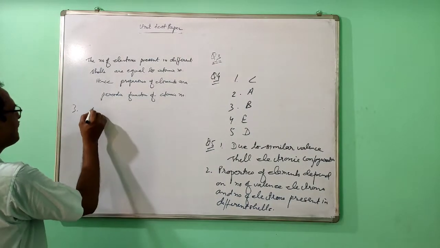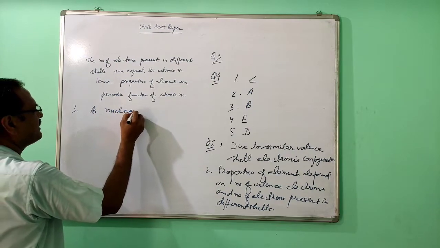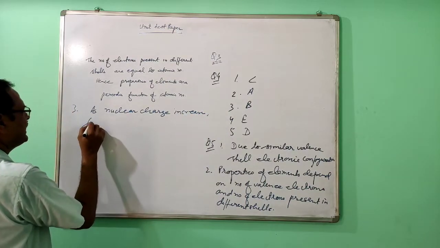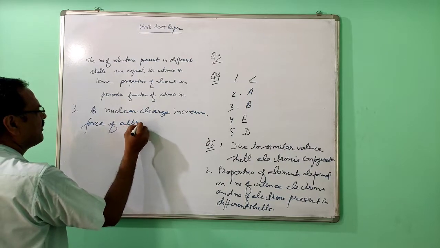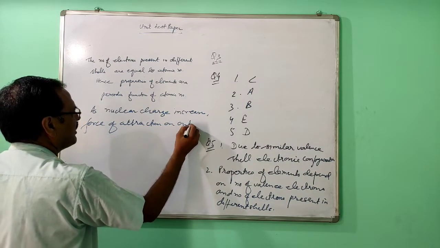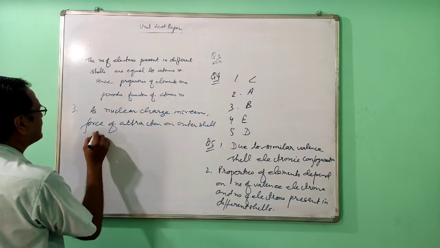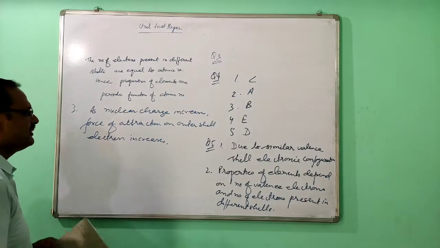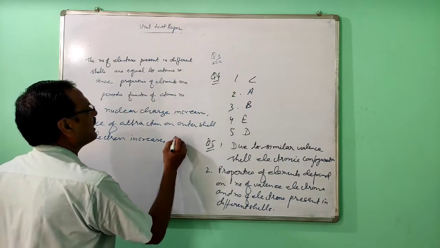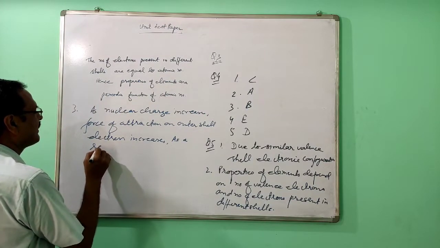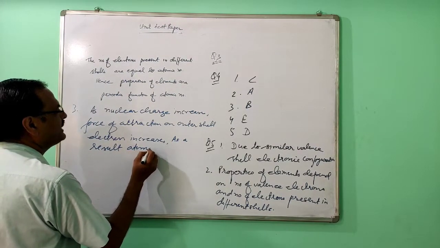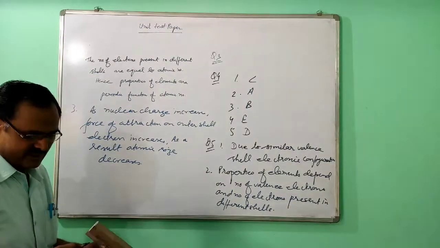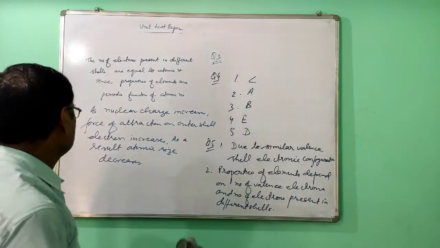As the nuclear charge increases, the force of attraction on the outer shell electrons increases. As a result, atomic size decreases.